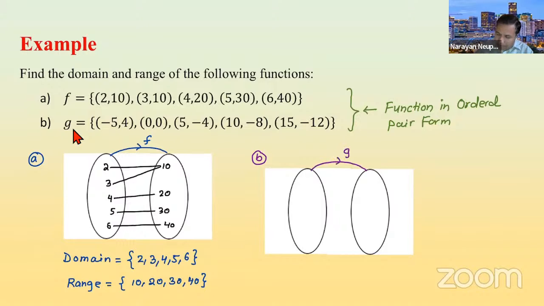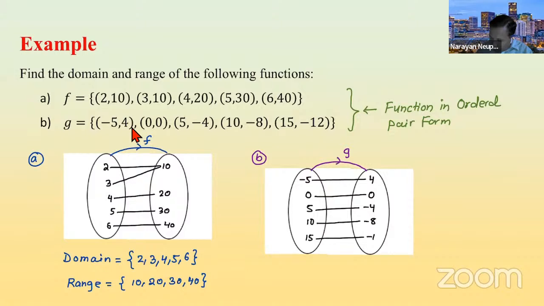We write G there, and then we label those mappings. -5 is mapped with 4. Then 0 mapped with 0. 5 mapped with -4. 10 mapped with -8. And 15 mapped with -12. So you can see this is a one-to-one function because one element is mapped with one element on the second set, right?